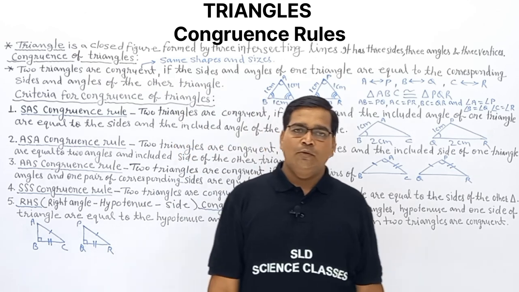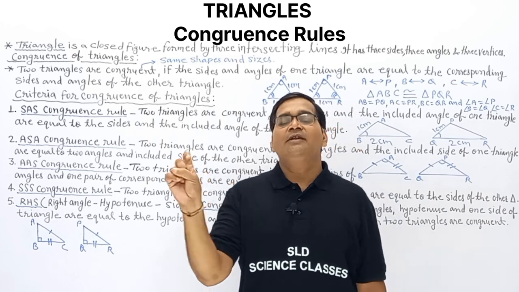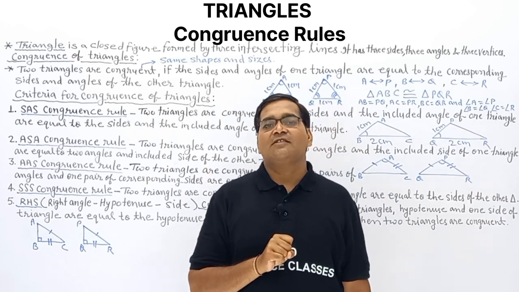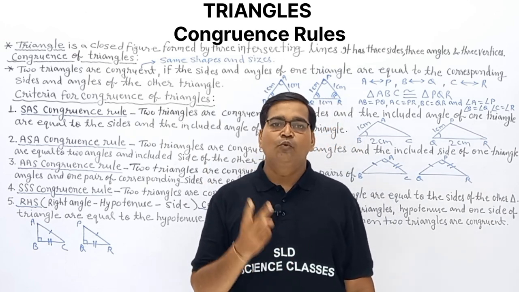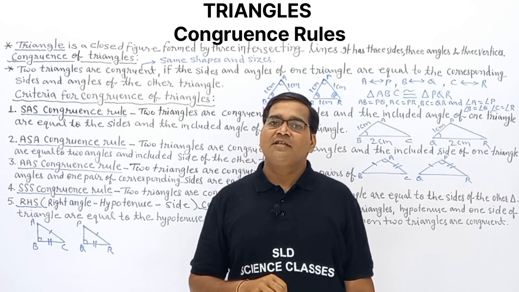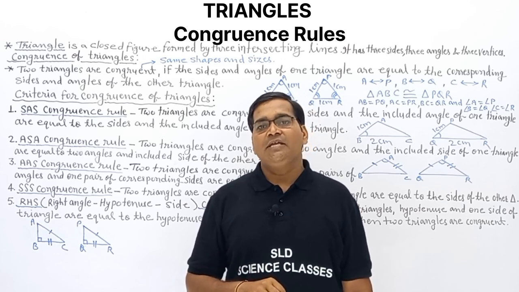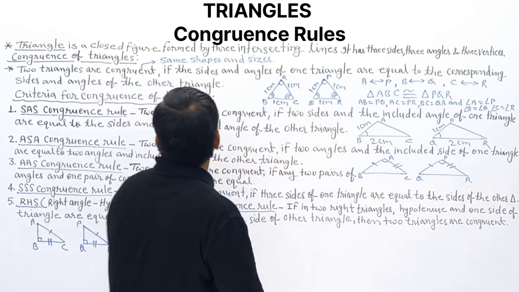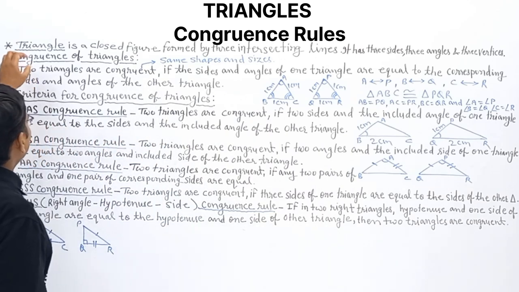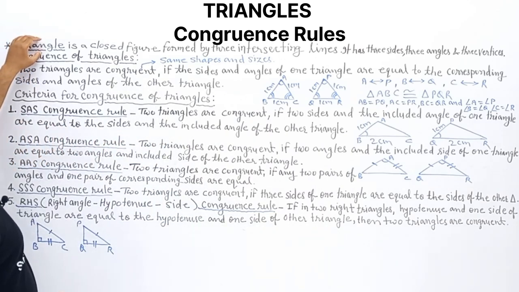Or if two lines are not intersecting, then we can say they are parallel lines. Two lines are parallel if they are not intersecting each other. Clear? So our chapter is triangles.